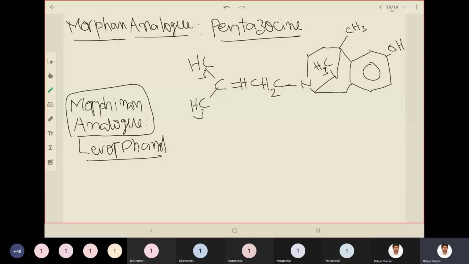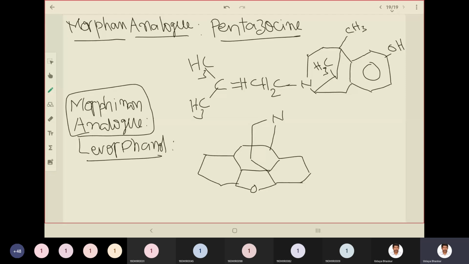So this is very simple. If you remember the morphine structure, write down the morphine. This is the structure of morphine, right?